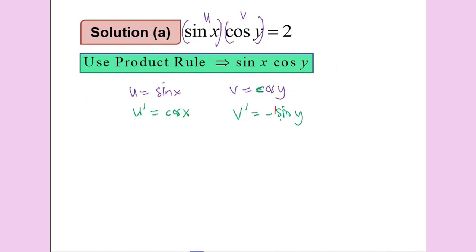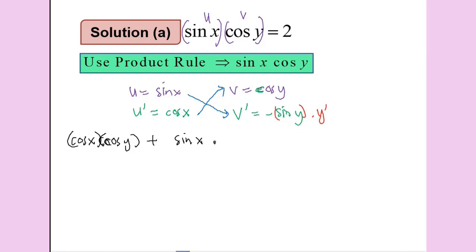Differentiate angle dapat y prime. Y prime. So settle. Then using the product rule ni times this plus, so dapat is equal to cos x cos y plus sin x.